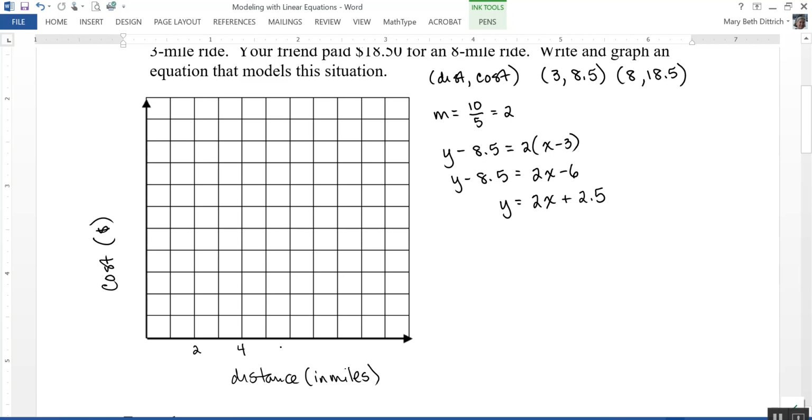There's 2, 4, label a few of those. Okay, so my y-intercept is 2.5, so that would be right here. And then my slope is 2, so I'm going to go up 2, 1, 2, and right 1. Up 2 and right 1.